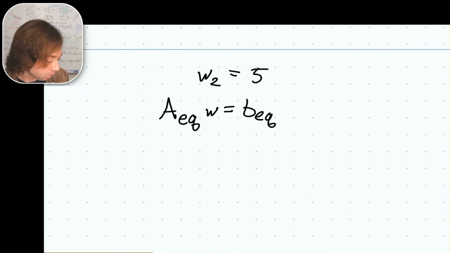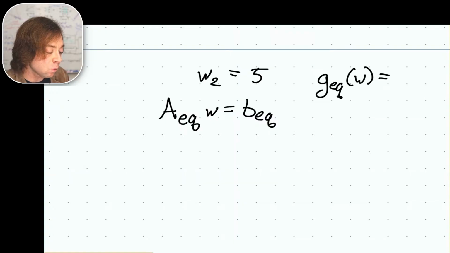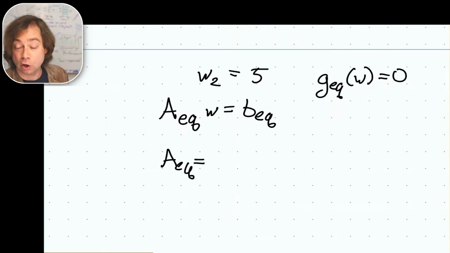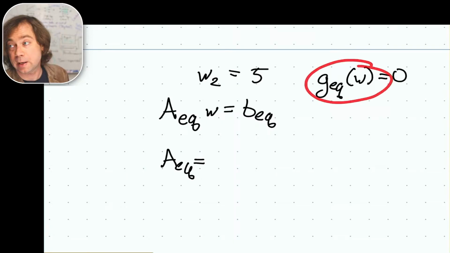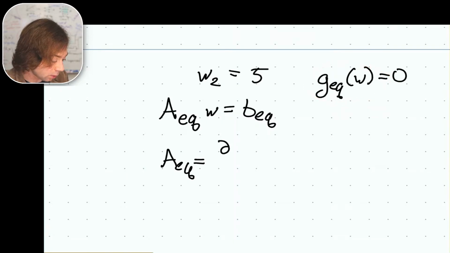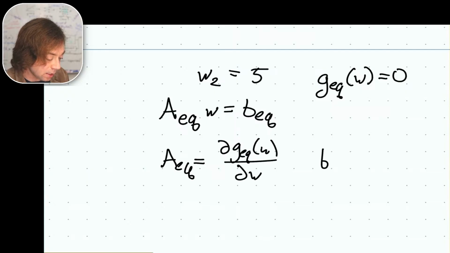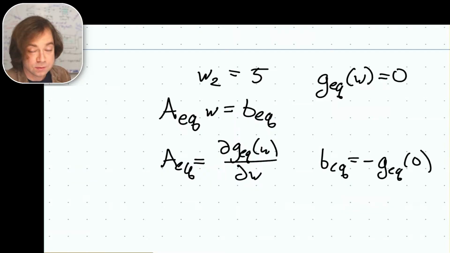So we've got AEQ, BEQ. So if this is our only equality constraint, we can frame that as some GEQ being equal to 0. And then AEQ is now the Jacobian of that constraint with respect to your decision variables, partial GEQ with respect to W. And BEQ is equal to minus GEQ of 0.